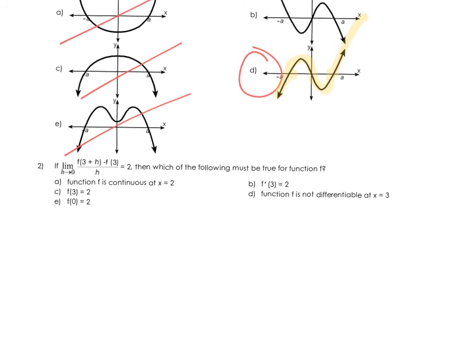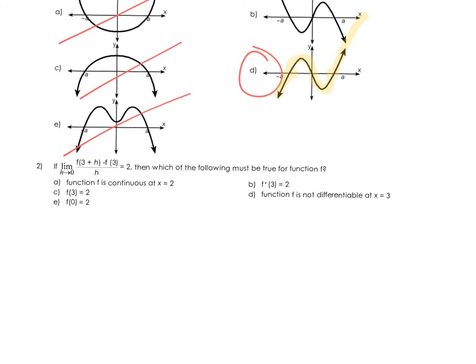All right, 2 is a review question from this packet. This is definitely the definition of derivative. So when I'm looking at that, I should be thinking f prime of something equals 2. It's clear to me just looking at it, it's got a 3 plugged in. What do they want to get you on? Let's see what the choice is.